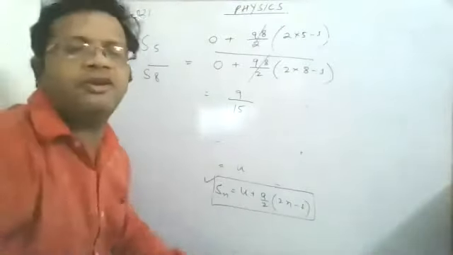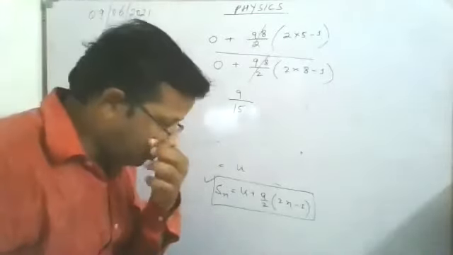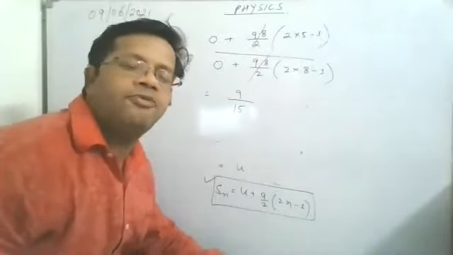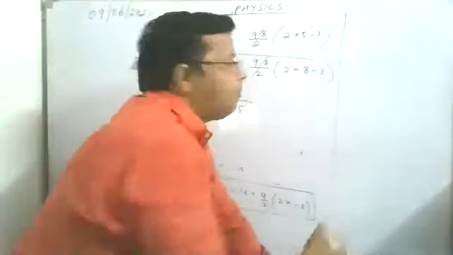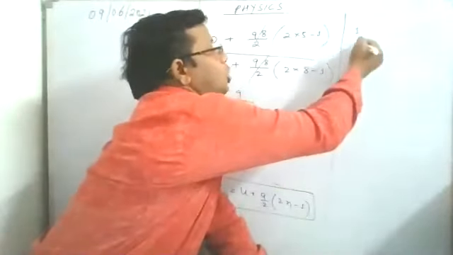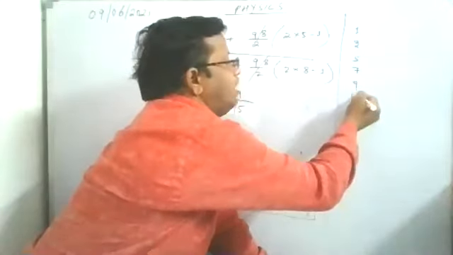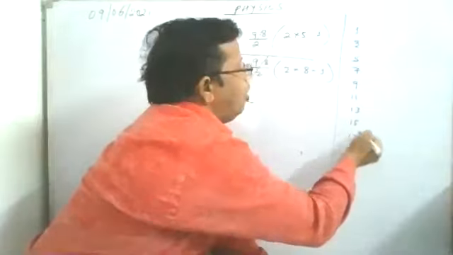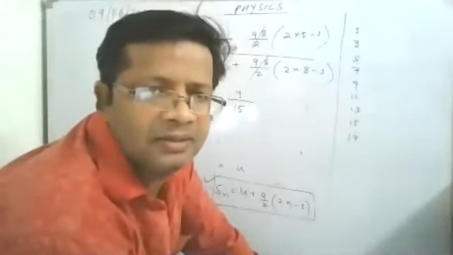So in this way, we can determine the distance moved by the body during free fall. One thing you should know: during free fall of any body, the ratio of distances moved by the body in consecutive time intervals is 1 is to 3, is to 5, is to 7, is to 9, is to 11, is to 13, is to 15, is to 17, all odd multiples.